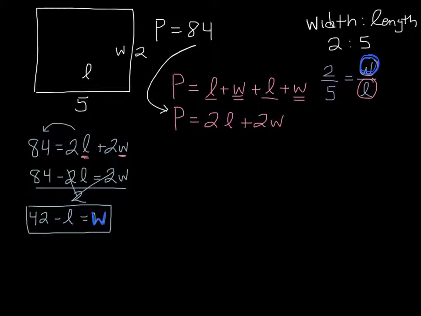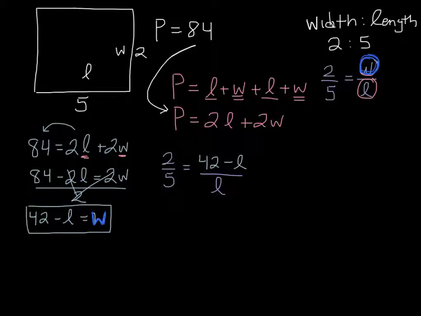So I can fill this in, and I can say then that 2 is to 5 as 42 minus L, and again that's coming from right here, just taking that and putting it in for where W would be, is to L. So that's my substitution.